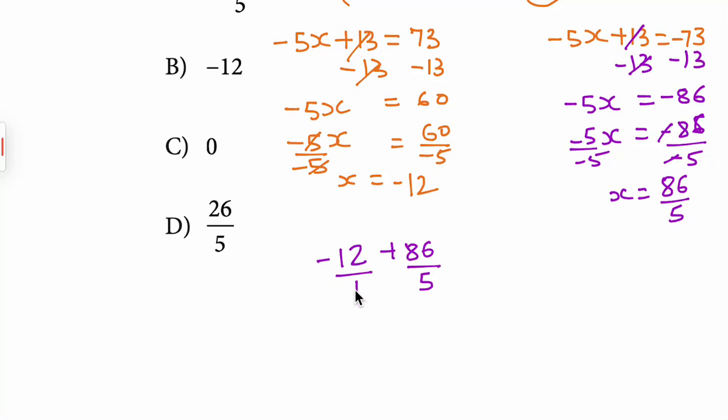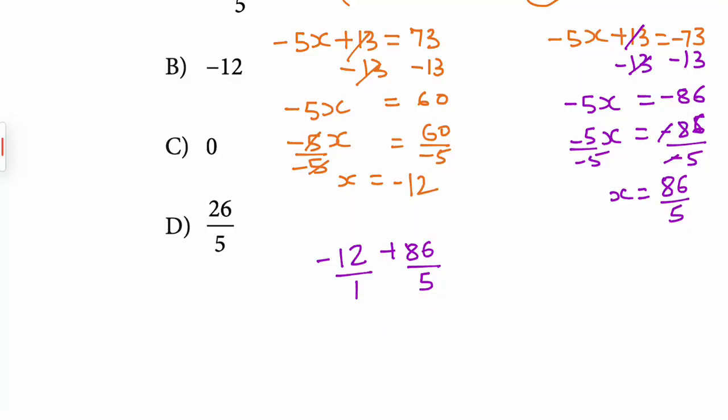Suppose this negative 12, I can write it as negative 12 by 1. And the butterfly method says that the numerator of the first is multiplied with the denominator of the second, and the numerator of the second is multiplied with the denominator of the first, and the denominators are multiplied together.